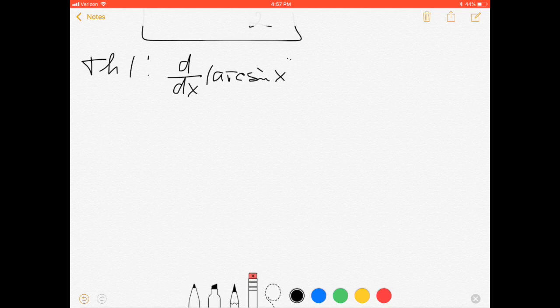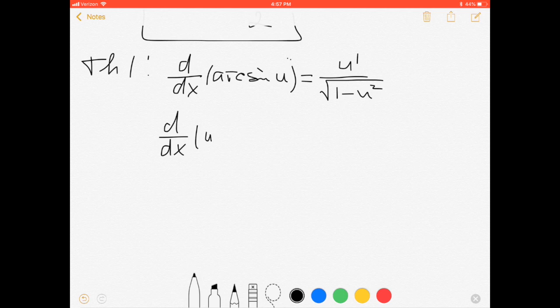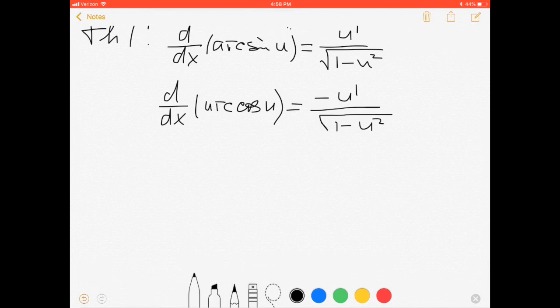I think I write arcsine u, so you can see what happens if you have something more complicated inside than a simple variable. Arcsine u derivative will be u prime over square root of 1 minus u squared. If you take the derivative of arccosine u, it will be minus u prime over square root of 1 minus u squared. You see, they differ only by sign. One is plus, one is minus.